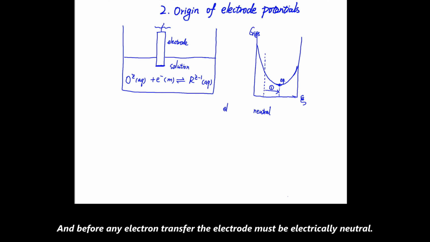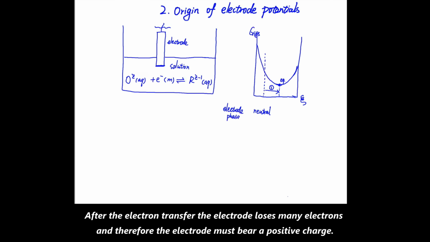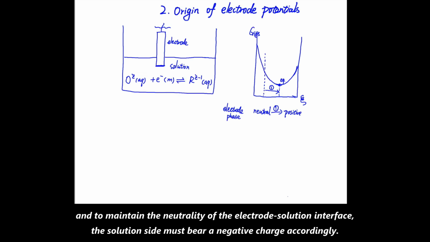And this is for electrode phase. And after the electron transfer, the electrode loses many electrons, and therefore the electrode must bear a positive charge. And to maintain the neutrality of the electrode solution interface, the solution side must bear a negative charge accordingly.